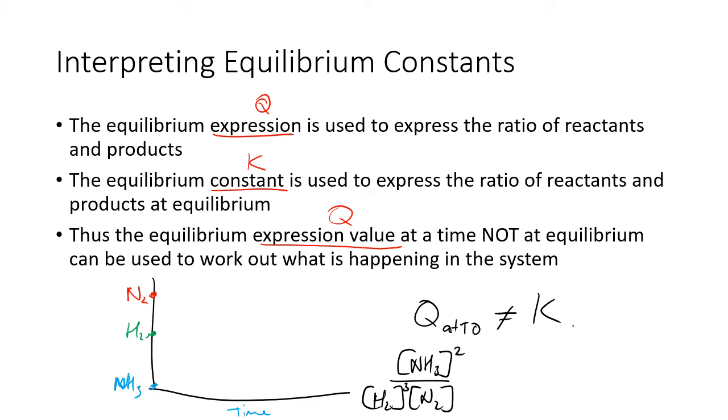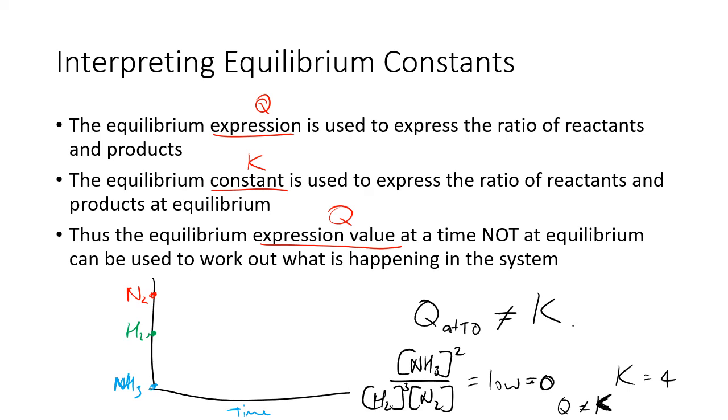This at T0 would actually be a very low number because you've got no NH3. And K might be, I don't know, I'm just going to make up a number, let's just say it's 4. So Q is a very low number, let's just say it's 0. So Q does not equal K, and therefore something's going to happen.